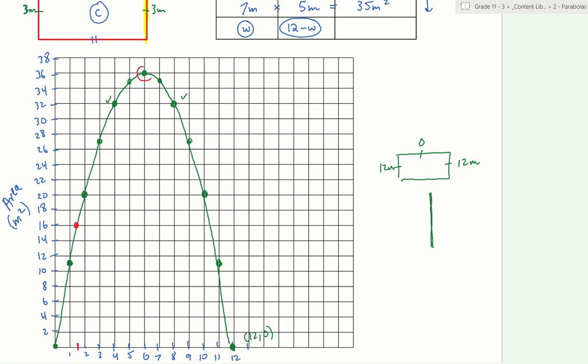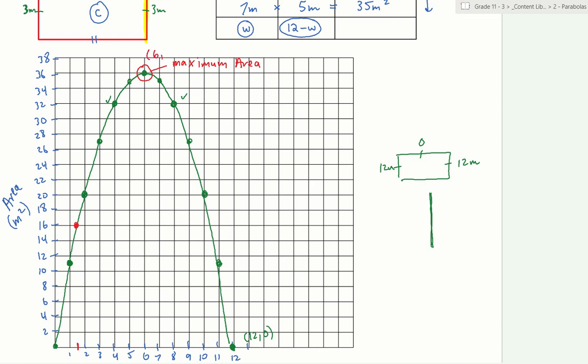But the thing is, we can see that the maximum area occurs at the vertex of this parabola that is upside down, which we saw from the chart, but we're also seeing shape-wise. So we can see the maximum area occurs at this point.